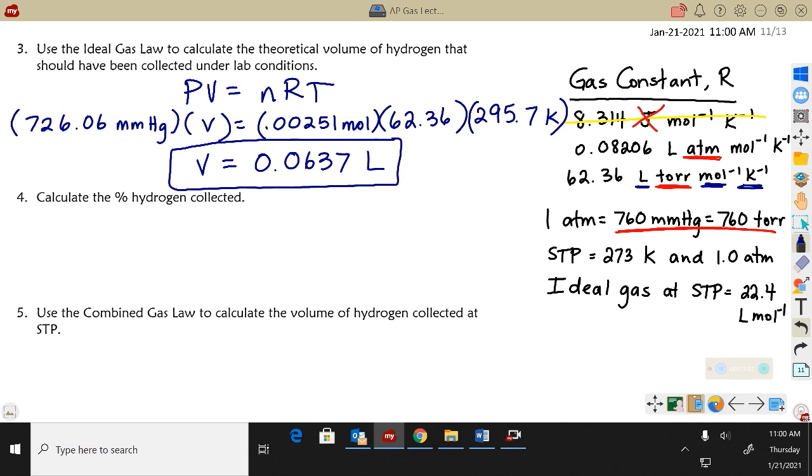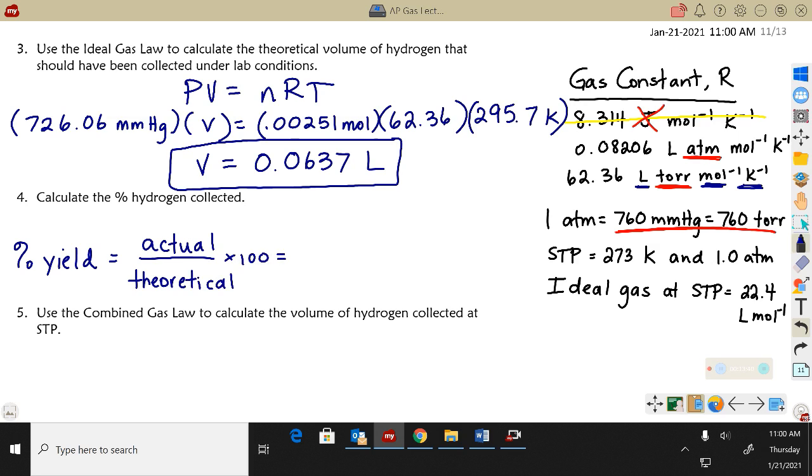It's in liters. And so we can calculate the percent hydrogen collected as a percent yield in a sense. Percent yield is actual over theoretical times 100. So actual comes from your lab data.